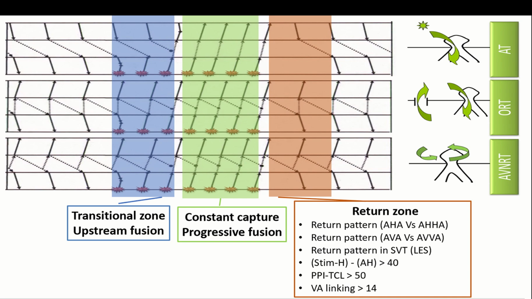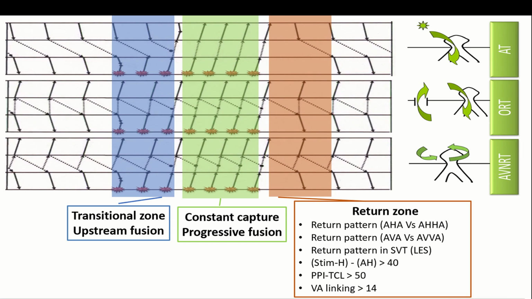Atrial overdrive pacing assessment and interpretation will help us in 6 challenging different scenarios. We have to assess the return zone, return pattern, to differentiate between AVNRT and junctional tachycardia, AHA or AHHA response. Also, in wide complex tachycardia, is it VT or SVT with aberrancy?